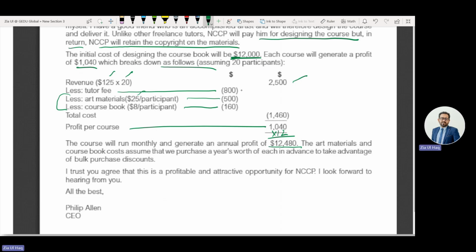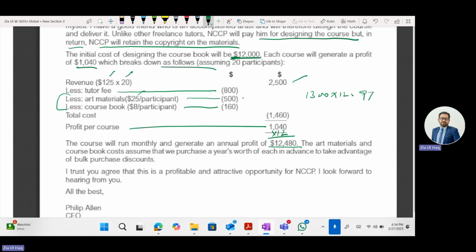This means if we see 800 plus 1500, is what, 1300 multiplied by 12, how much will it be? Sorry, not 800.